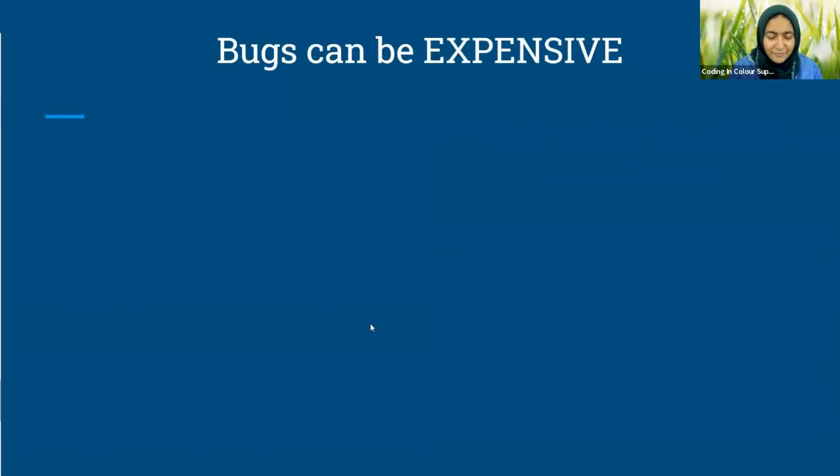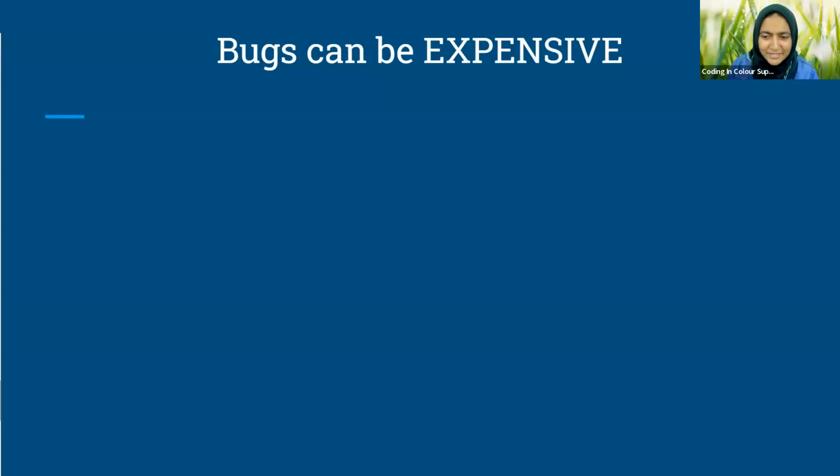Now, before we get to what bugs are in our context, let's talk a little bit about how much they cost. If software is released with bugs in it, you're going to have angry customers. It might cost legal issues, and it might cost loss of credibility. It might cause you to mistakenly sell all your products for free. It might cost you a lot.